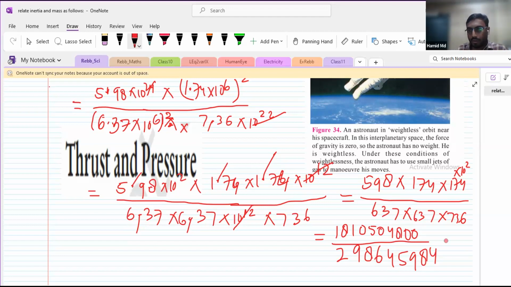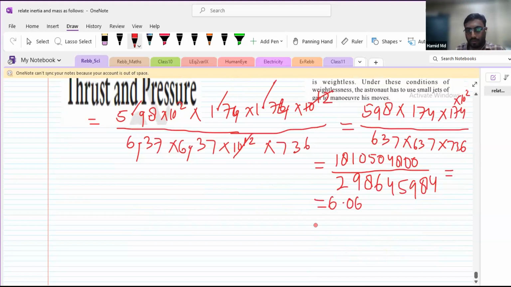So it is coming around 6.06. Okay, so this is around 6.